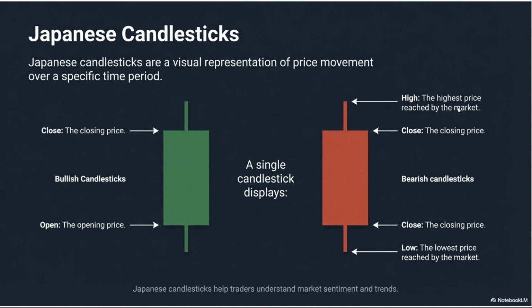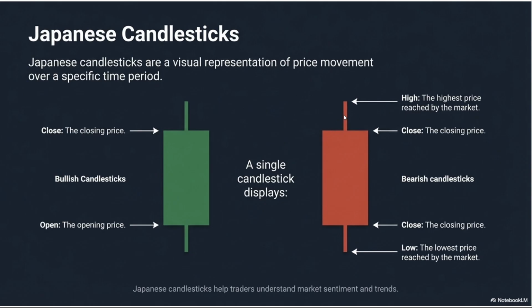So the high means the highest price reached by the market. The market reached up to this point, but it didn't close here. It closed here. Why did it close down? Because the candle is red. If the closing price was up, the candle closed green, meaning the price was moving up.